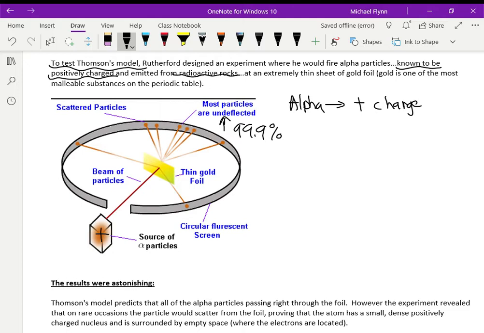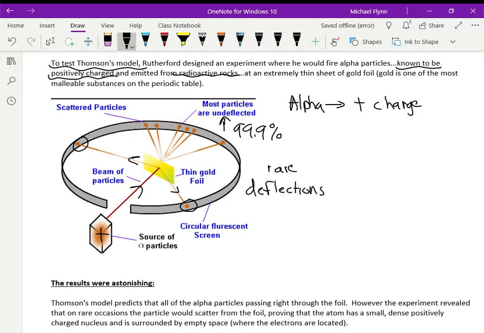Most of them went through, but every once in a while, you would get what looked like a hard collision. So this alpha particle will fly in, here's your sheet of gold foil, and it would get deflected in a hard deflection that way, this way, that kind of thing. And there was a conclusion from this, since these are positively charged, okay, these rare deflections, they're quite rare.